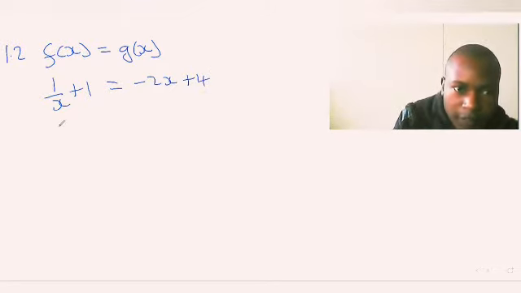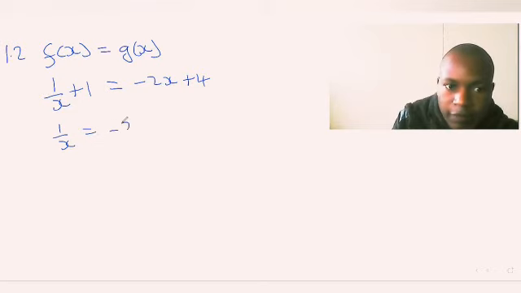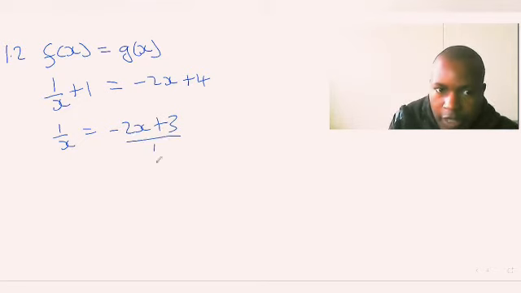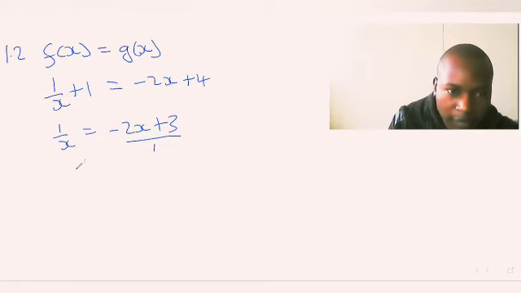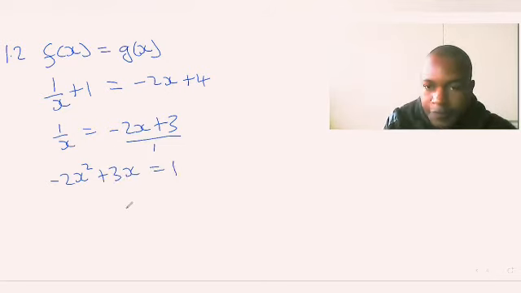We can then simplify this a bit further by moving the +1 to the right-hand side to give us -2x plus 3. We can then just cross multiply. Cross multiplying would give us -2x squared plus 3x, and this would be equal to 1.